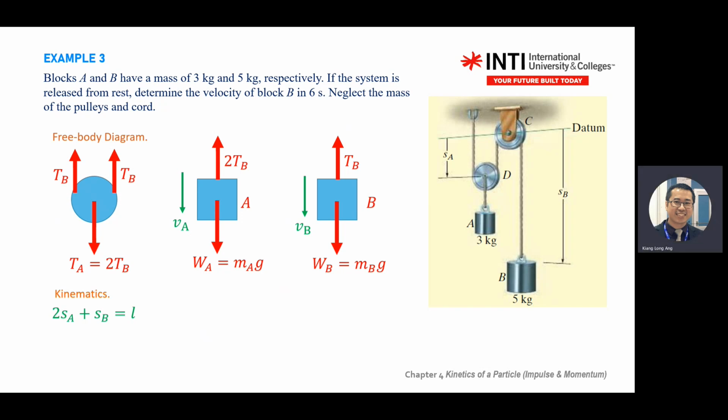You differentiate the total length with time. What do you get? Y0? Huh? Because we cannot integrate, that is your answer.